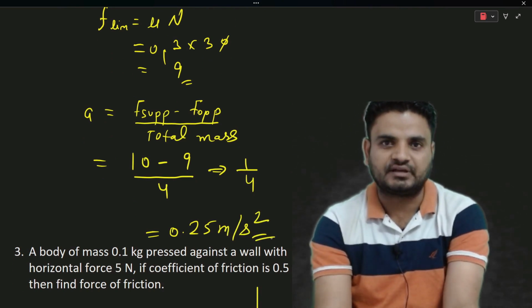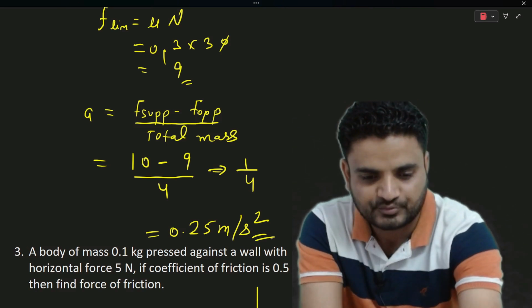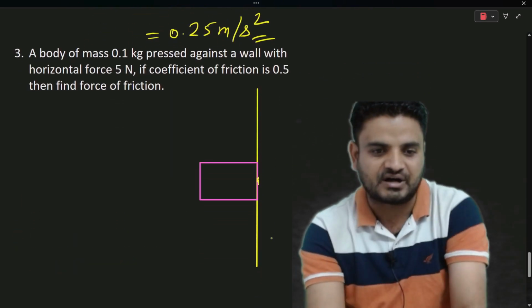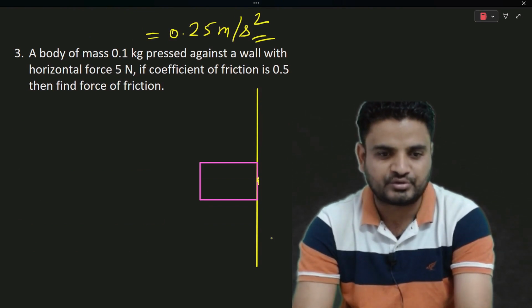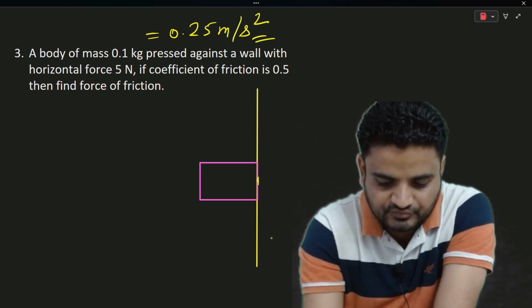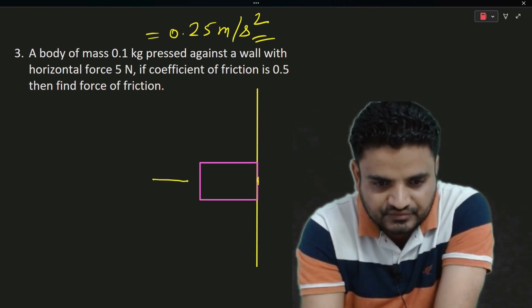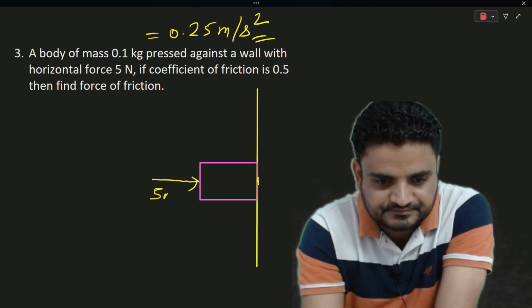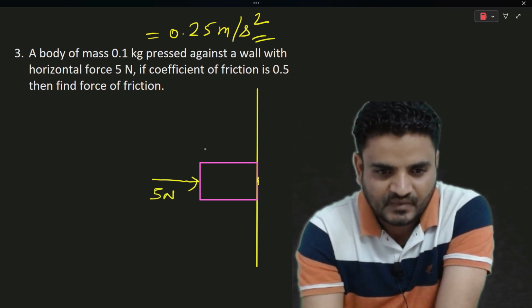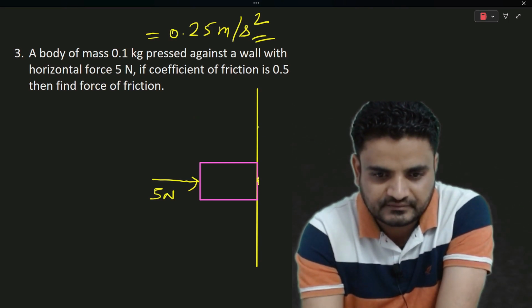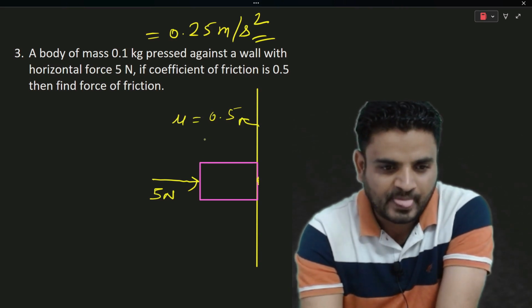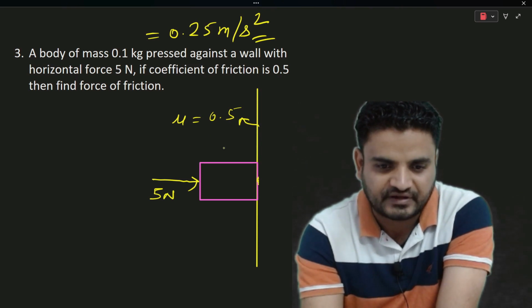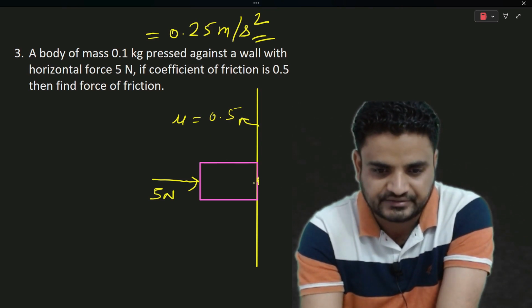So like that we can solve the problems. Next problem: a body of mass 0.1 kg is pressed against a wall with a horizontal force of 5 Newton. First we will draw the force, 5 Newton. Coefficient of friction is 0.5. Now find the force of friction. Here normal will act.